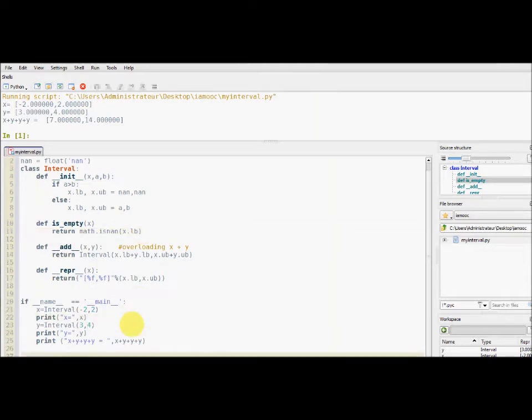So for instance, if here I put, let me come back, x plus y, if here I put 2 minus 2, which does not correspond to an interval, then I will be in a situation where A greater than B, and I will generate an empty set.